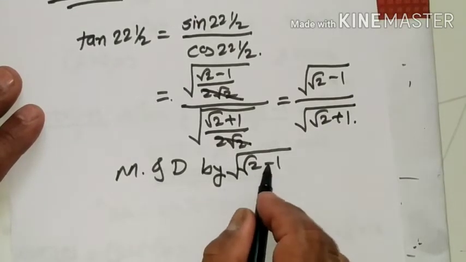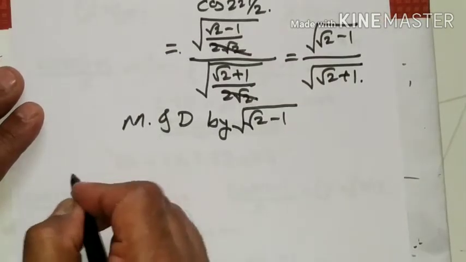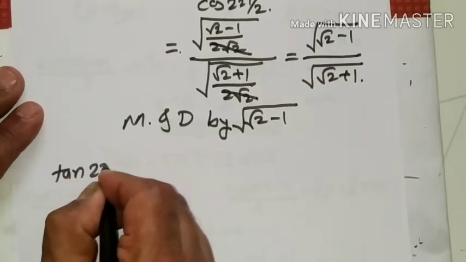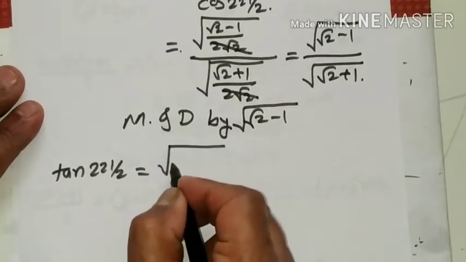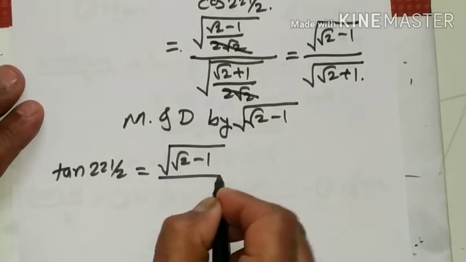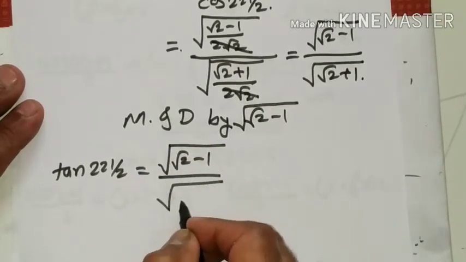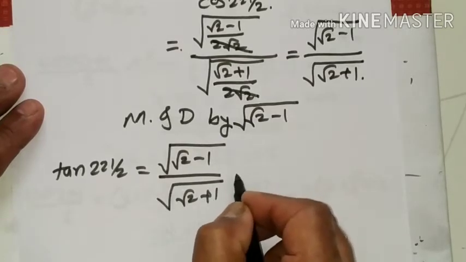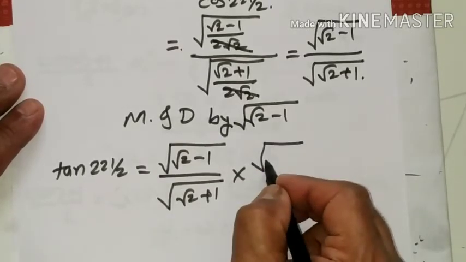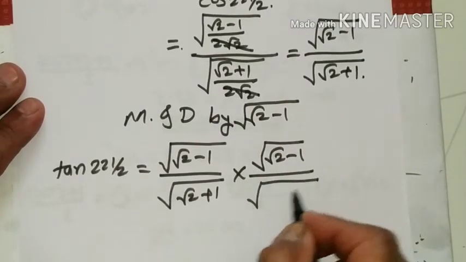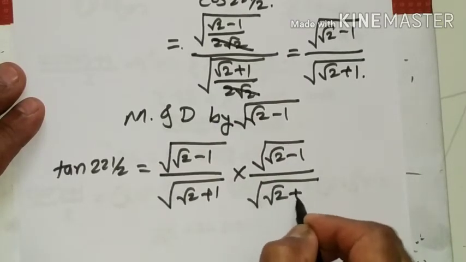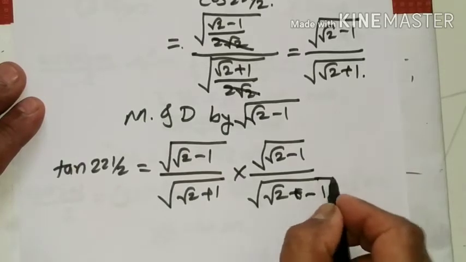Then tan 22 and half is equals to root 2 minus 1 whole into root 2 minus 1 divided by root 2 plus 1 into root 2 minus 1.